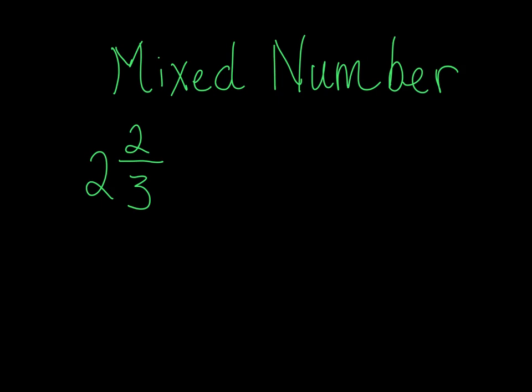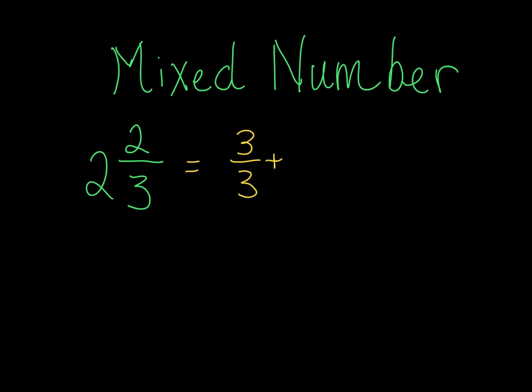Well, let's go over here and try this out. Let's pull the wholes. How many wholes? Well, we have 3 because the denominator tells us what we're making our wholes into, the thirds. So that's how we know what our whole is going to look like as a fraction.